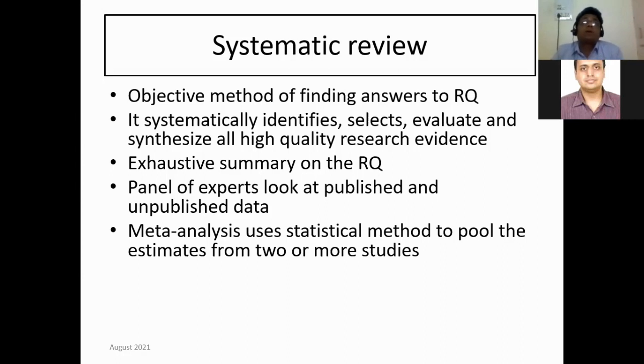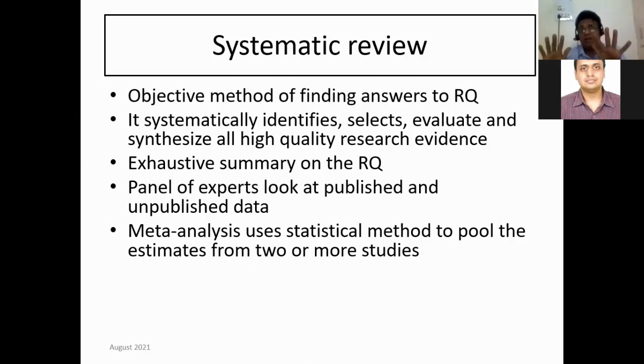So when it comes to meta-analysis, once we have pooled the data from multiple studies, meta-analysis is a statistical method to pool the estimates from 2 or more studies. So meta-analysis is a statistical method by which you tell that treatment A is better than treatment B by what effect, right?